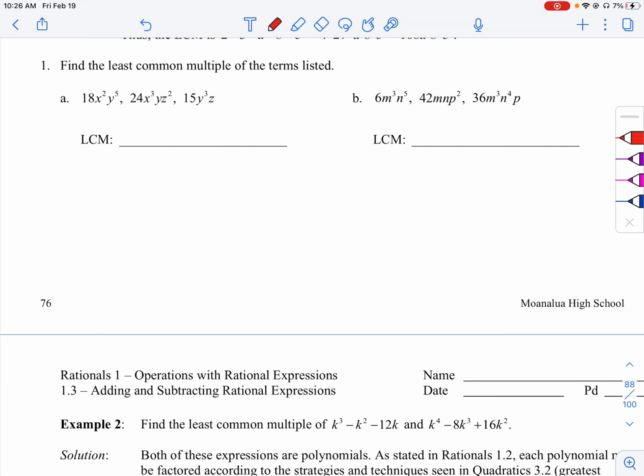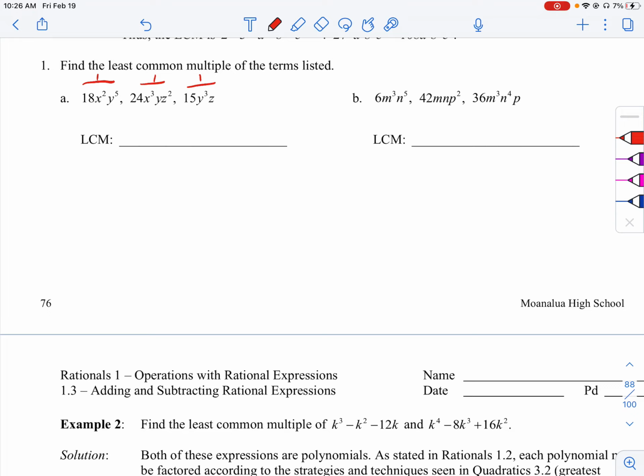So let's imagine these numbers in 1a are all denominators. Like, let's imagine we have 1 over, 1 over, 1 over. They are all denominators, so our job is to find the common multiple between all three of these. There's a lot of process to do it.